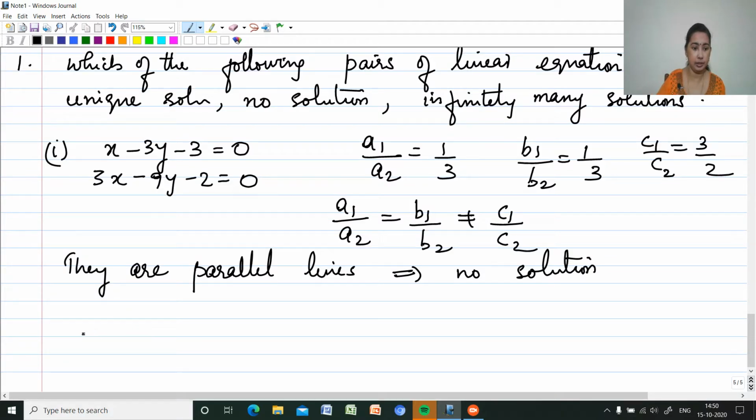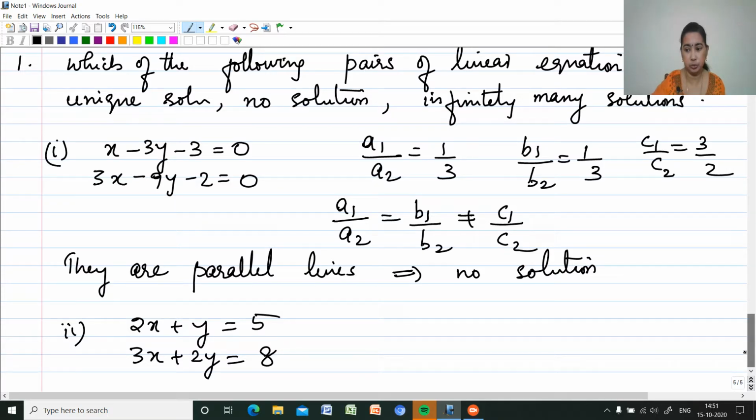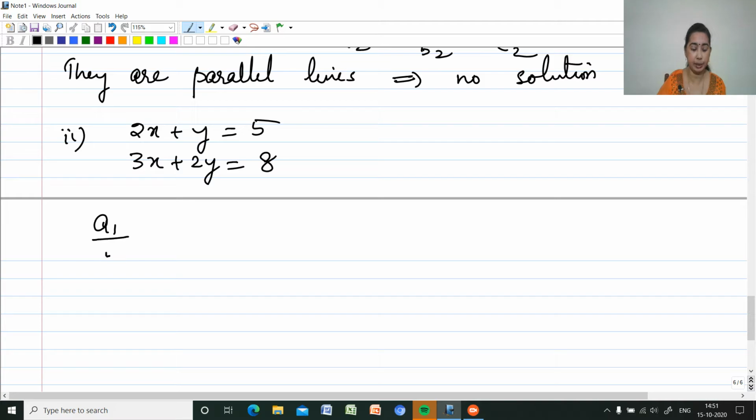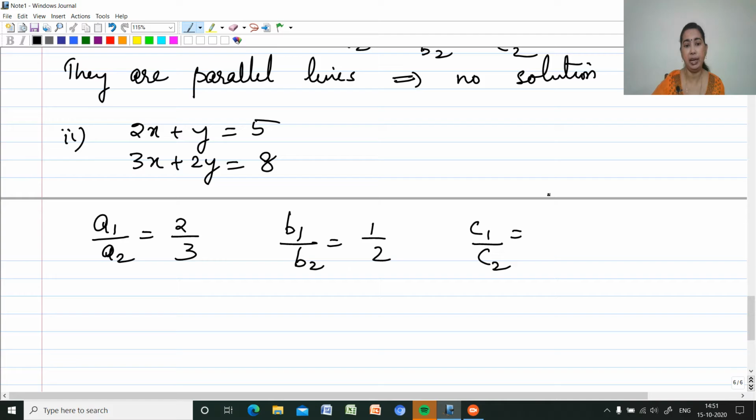Then another question. The next one: 2x plus y is equal to 5 and 3x plus 2y equal to 8. So we have to compare a1 by a2, which is 2 by 3, b1 by b2 is 1 by 2, and c1 by c2 is minus 5 by minus 8, that is 5 by 8.